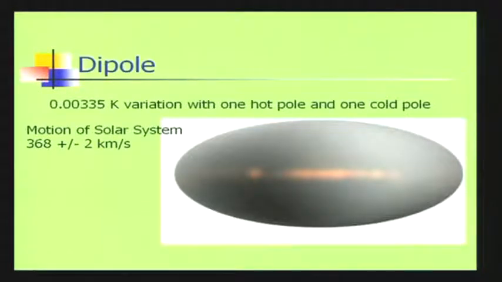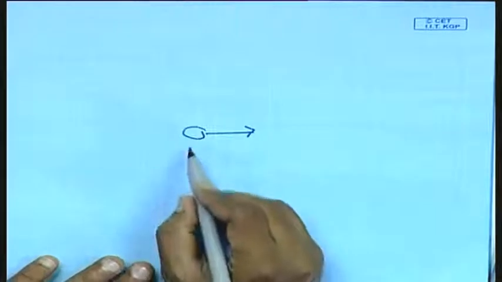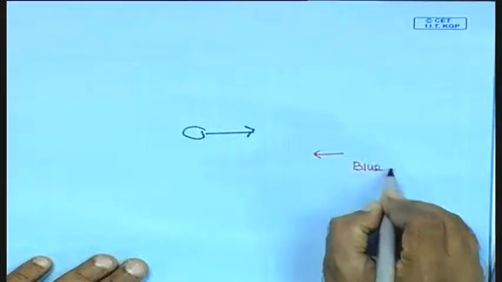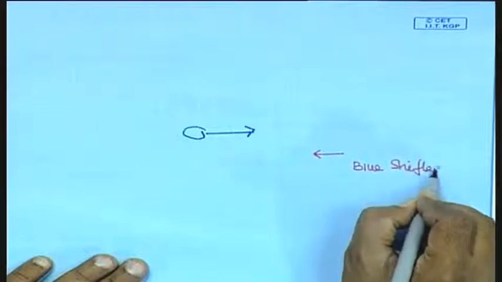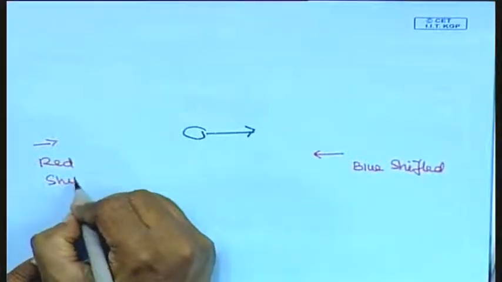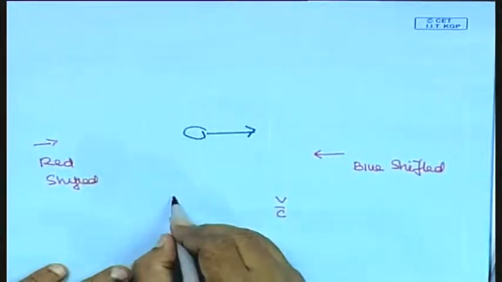So if the solar system is moving in some direction, then, assuming that there is a frame of reference in which the CMBR is isotropic, the photons from this direction will be blueshifted and the photons from this direction will be redshifted due to the Doppler shift, and the shift is v/c.